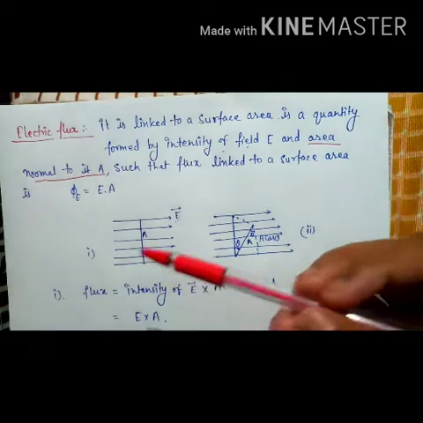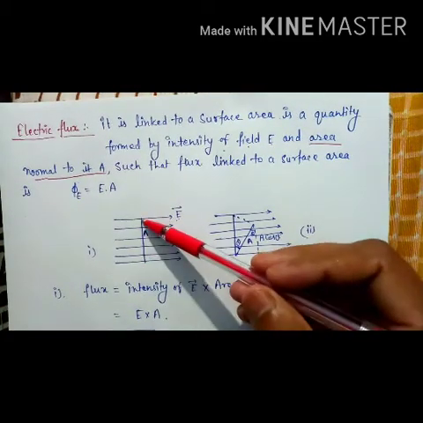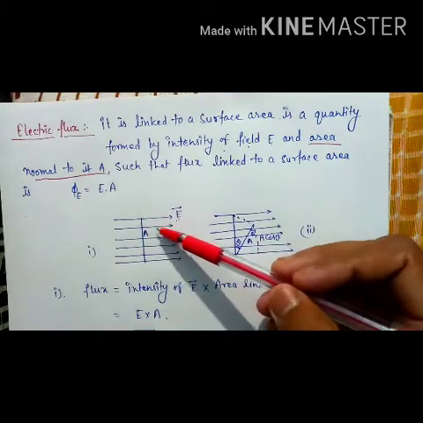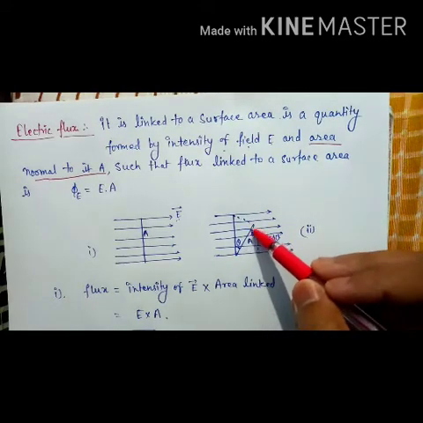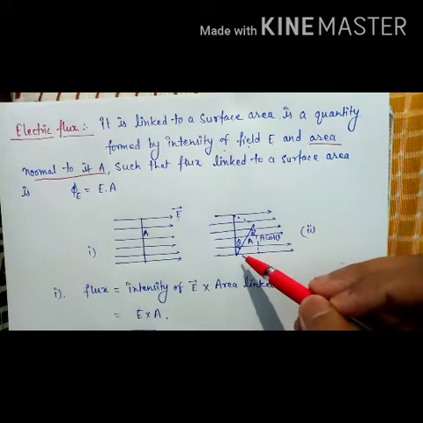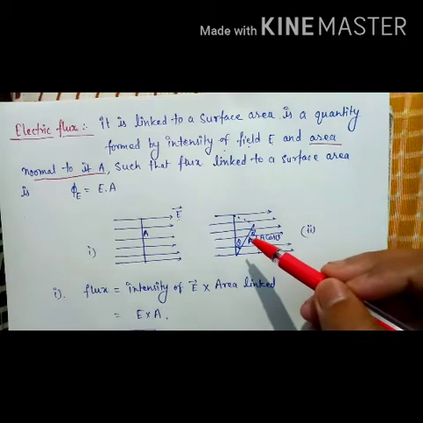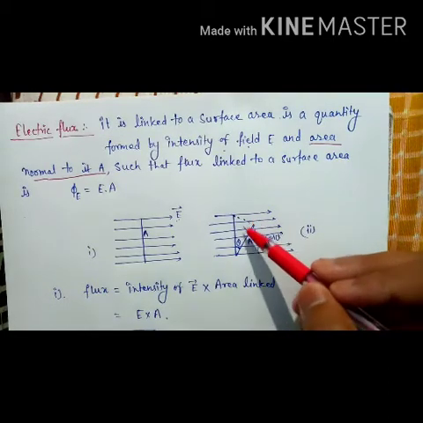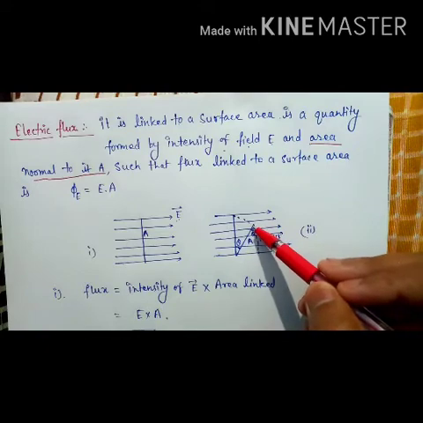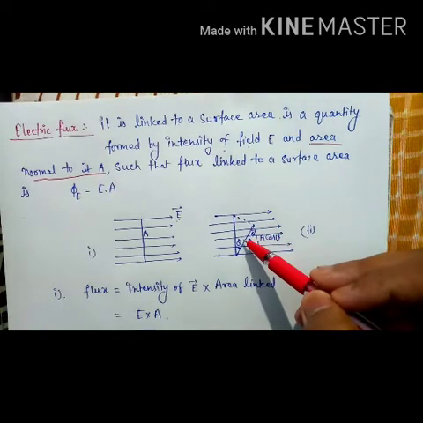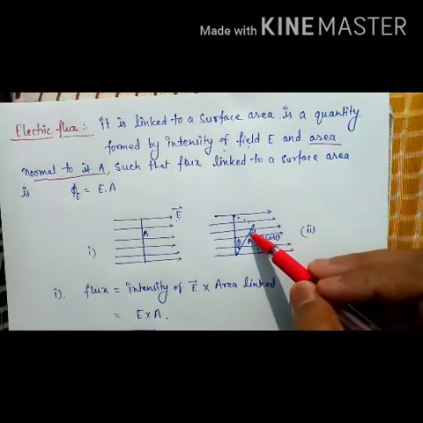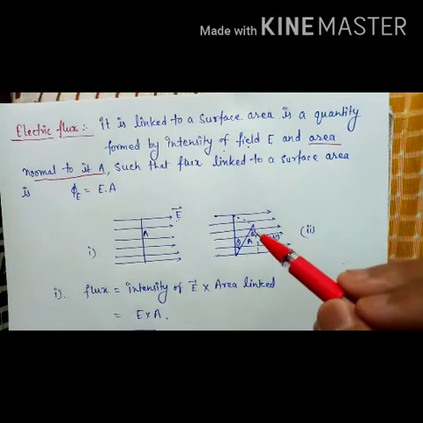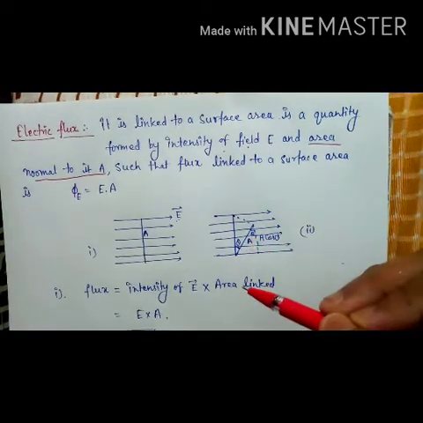Another case: if we tilt this surface, after the tilt its position will be this. Now what is the value of electric flux? Will it decrease or increase? If we tilt this area in this uniform electric field, we see that electric flux will decrease.